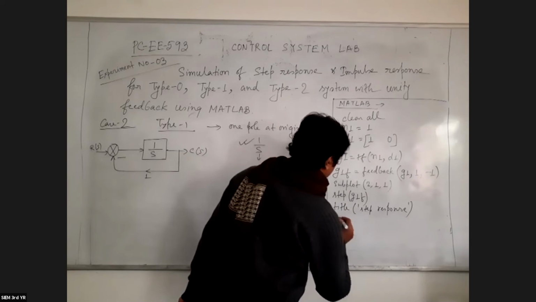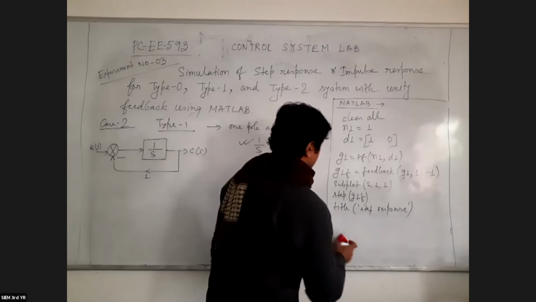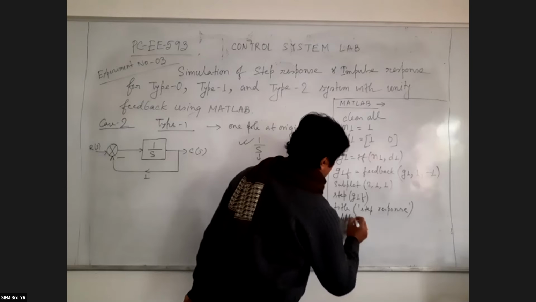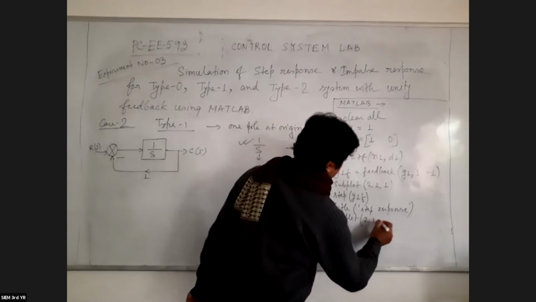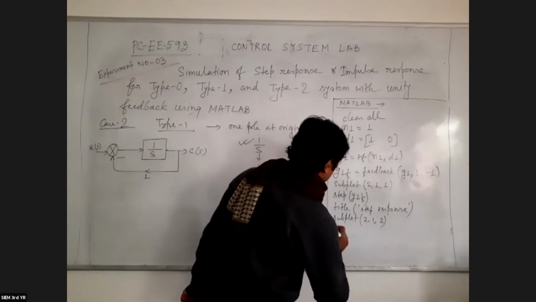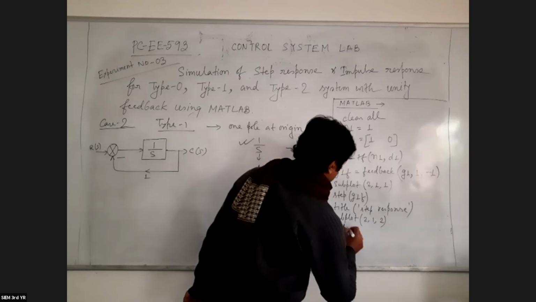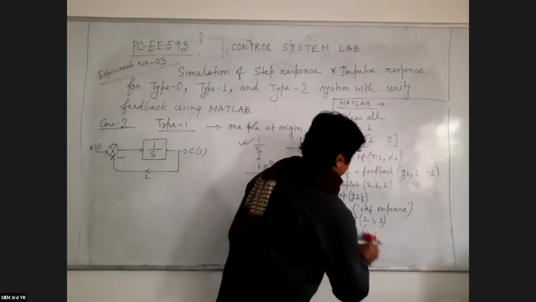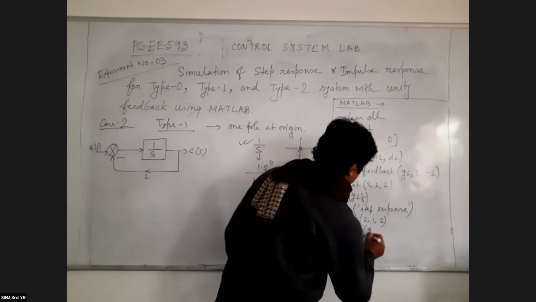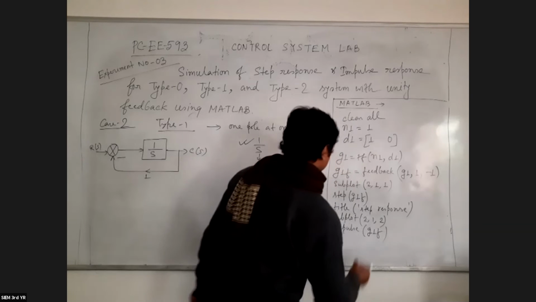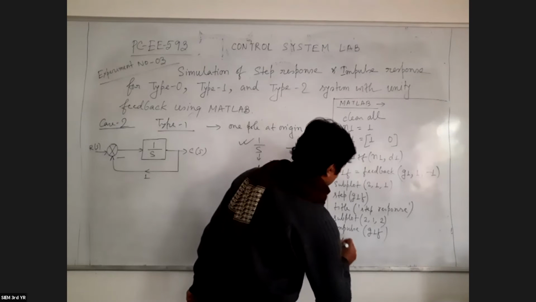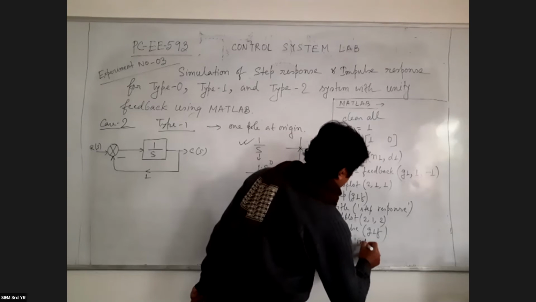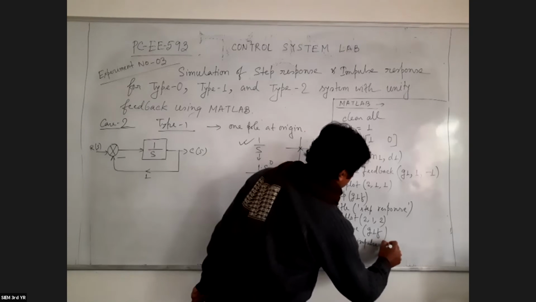Then subplot 2 comma 1 comma 2, then impulse of g1f, then title impulse response.